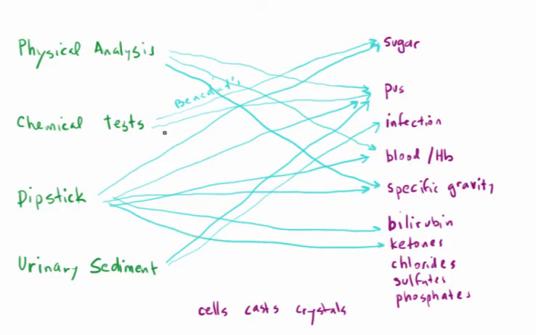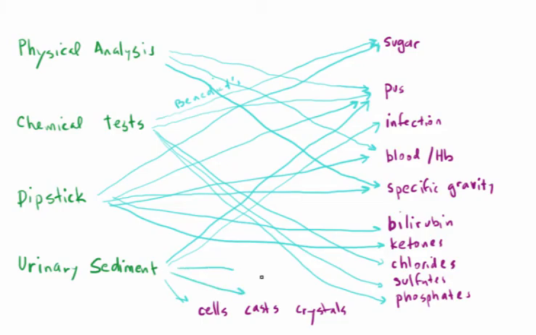Chemical tests are the only way we'll be able to detect the presence of chlorides and sulfates and phosphates. And the urinary sediment tests will also give us information on cells, casts, and crystals. In other words, we've got all these things that we're testing for in the urine sample. We've got 4 different methods of testing for these different substances.